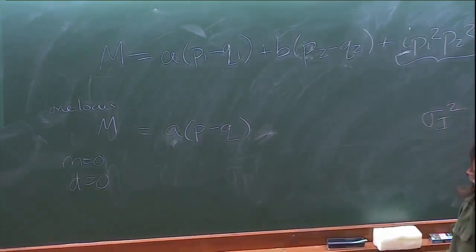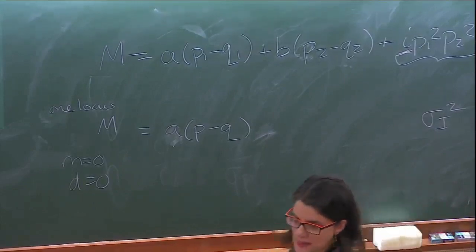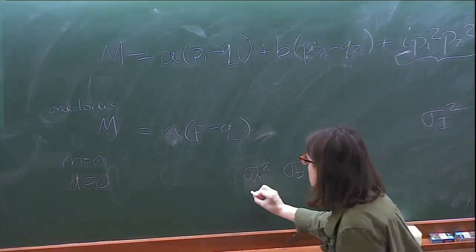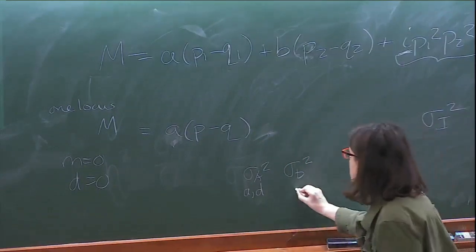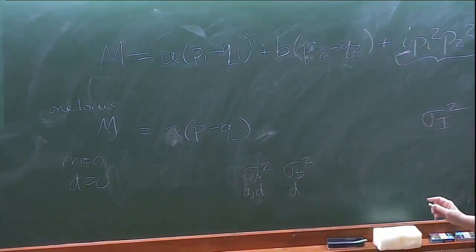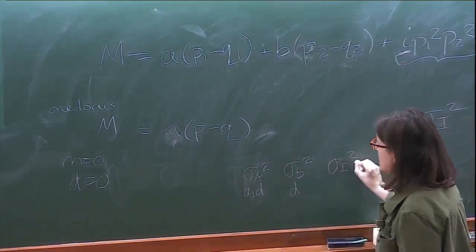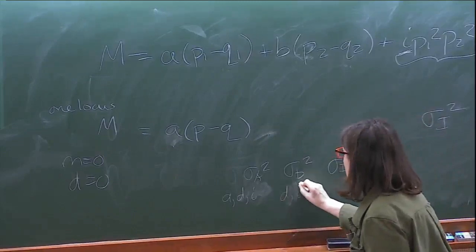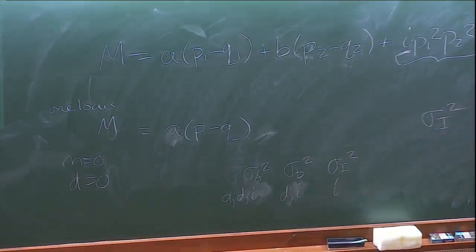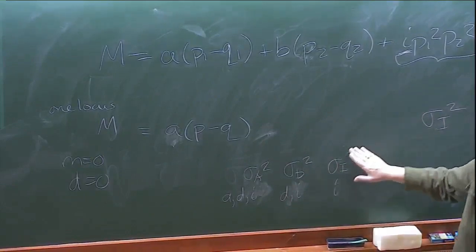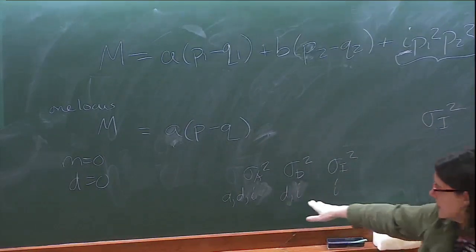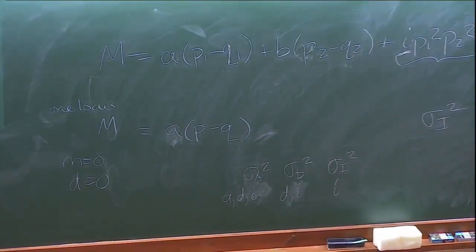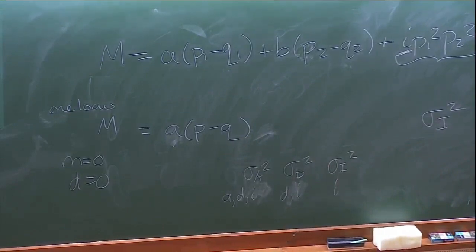But in the same way that the dominance deviation showed up in the additive genetic variance and in the dominance variance, this is a function of A and D, and this is a function of just D. In the epistatic case, this is a function of A and D and I, D and I, and I. So there's a term that just has this interaction component, but it ends up in the same way that the dominance component comes in, so it becomes arbitrarily complicated. I just want to say that this is a statistical way of thinking about epistasis.